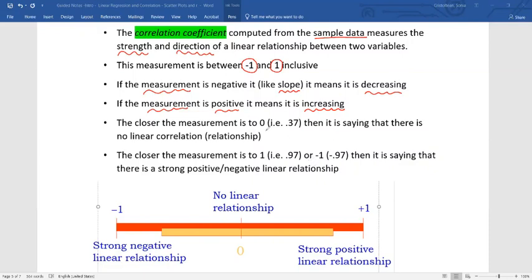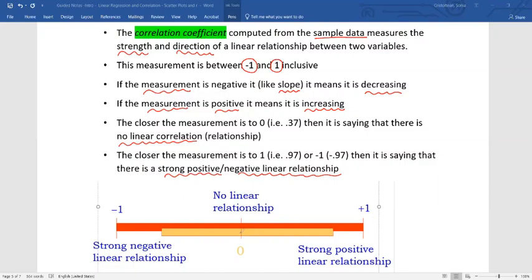The closer to 0, the more evidence that there is no linear correlation between the two variables. The closer to 1 or -1, the more evidence that there is a strong positive or negative linear correlation between the two variables. So if you look at this, we have the -1 right here to the left, +1 right here.